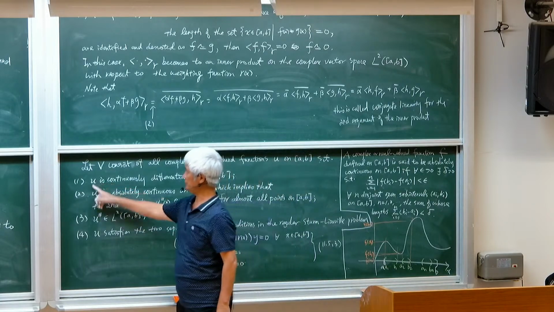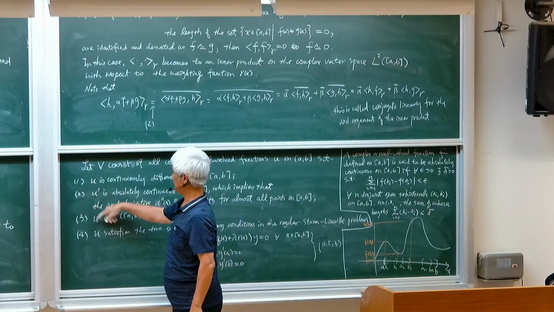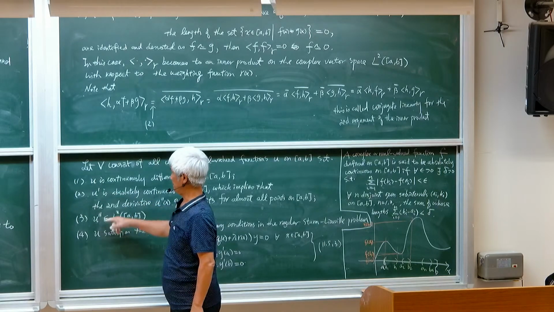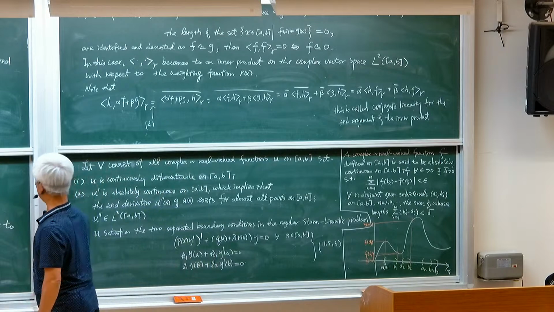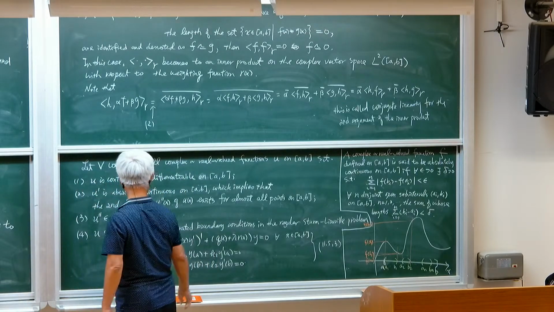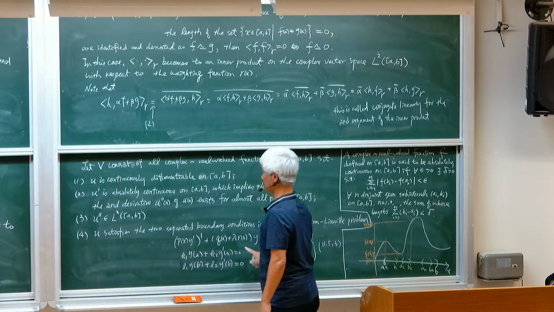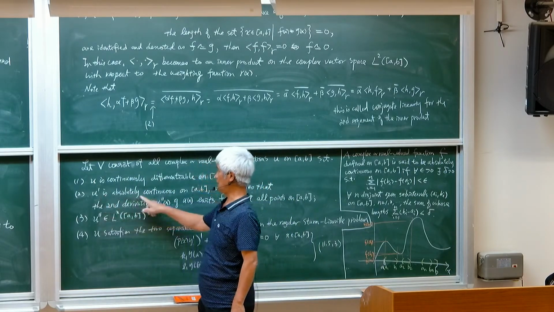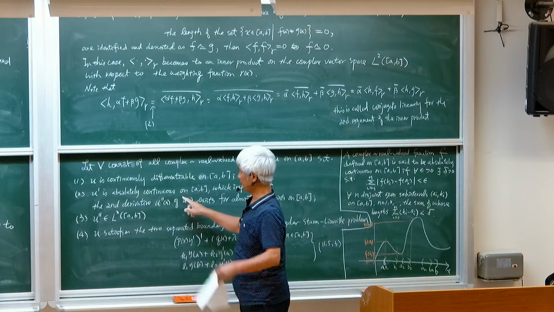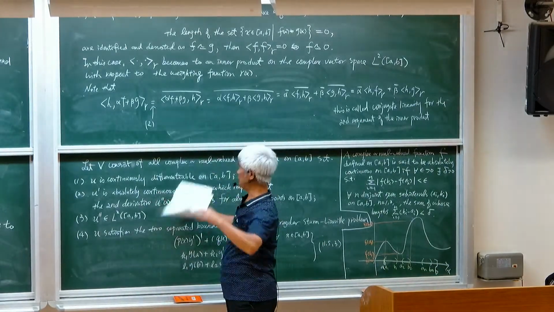The first three tell us that U is a candidate solution of these differential equations, so it should have a derivative, and we ask that the derivative is absolutely continuous.